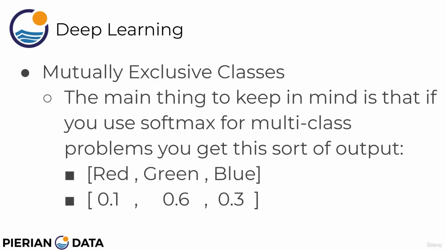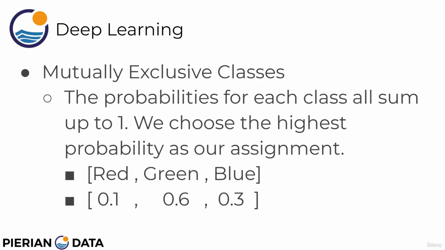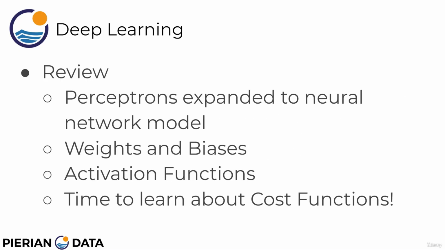So for this particular case, we would choose green as our classification for this mutually exclusive class and say that this network believes that this particular data point is green, and it gives it a 60% chance of being green. And as I noted, the probabilities for each class all sum up to 1. We choose the highest probability as our assignment.